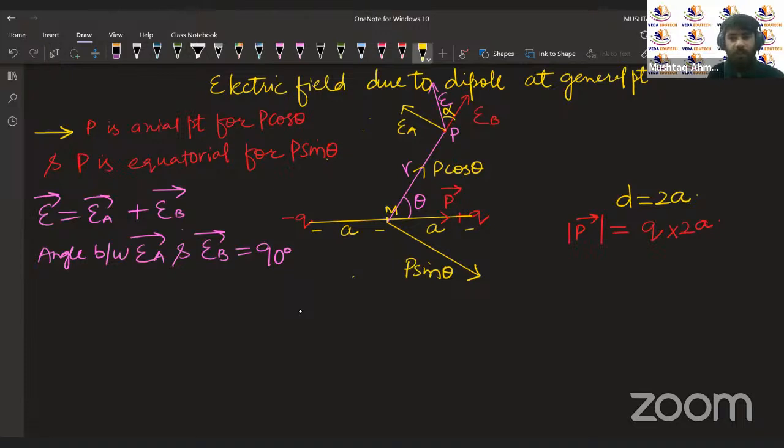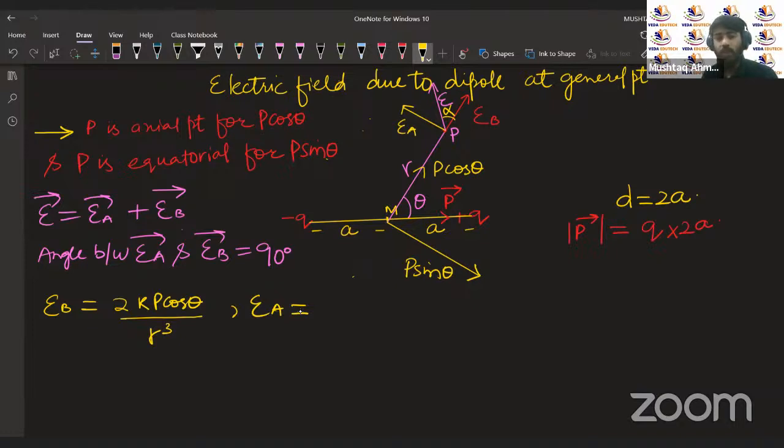And we know that EB is the electric field at the axial point for P cos theta. So EB has to be equal to twice Kp cos theta upon r cube, right? And similarly, EA is for dipole moment P sin theta.